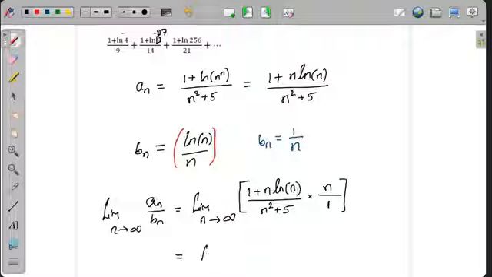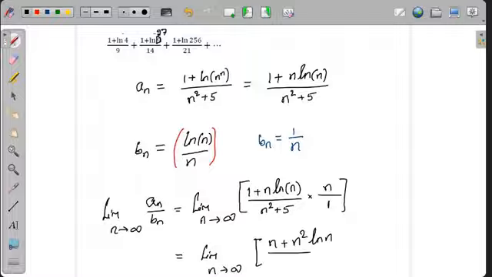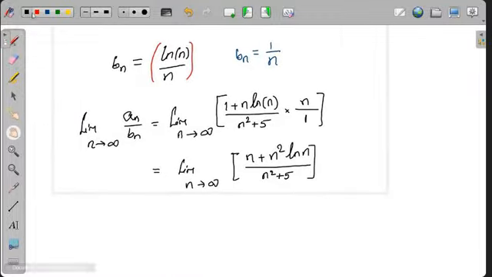Now this is limit n goes to infinity, and this will be n plus n squared into ln of n over n squared plus 5. I hope now you can go with L'Hospital's rule.